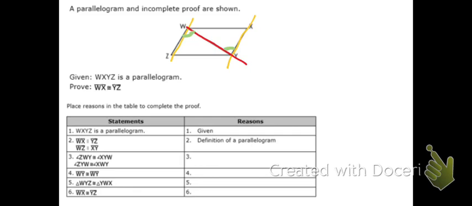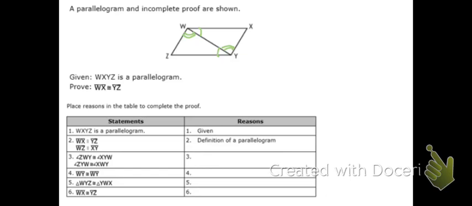Whatever you think these green angles are, corresponding angles, alternate interior angles, or alternate exterior angles, pick one of those, and that would be your reason for being able to make this statement number 3. Once you make a statement, you want to label those angles or sides that they're saying are congruent, and then you move on to the next one.